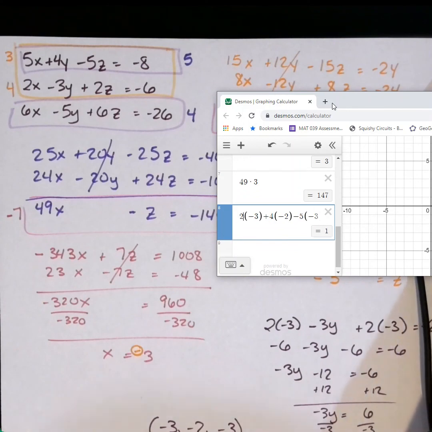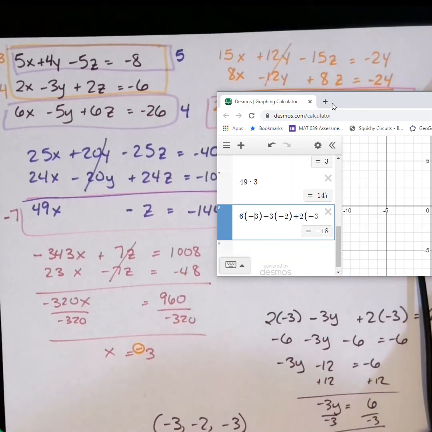All right, then it's 2 times x minus 3 times y plus 2 times z, negative 6. That one checks as well. Then it's 6 times x minus 5 times y plus 6 times z, negative 26. So all of them check.